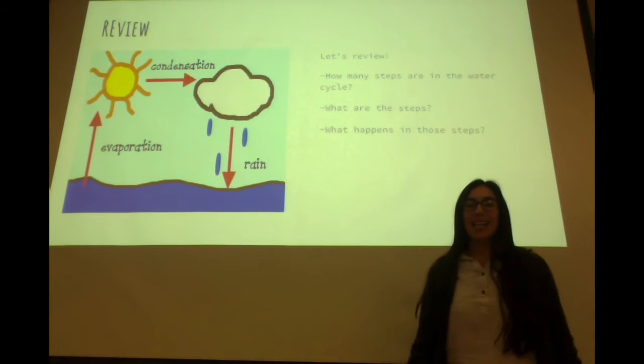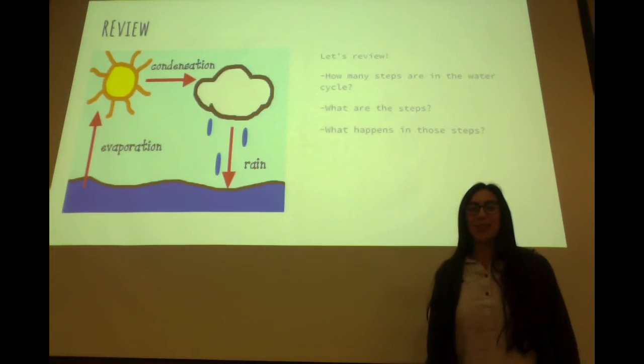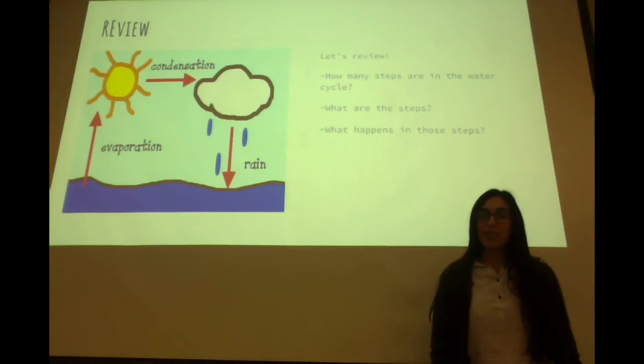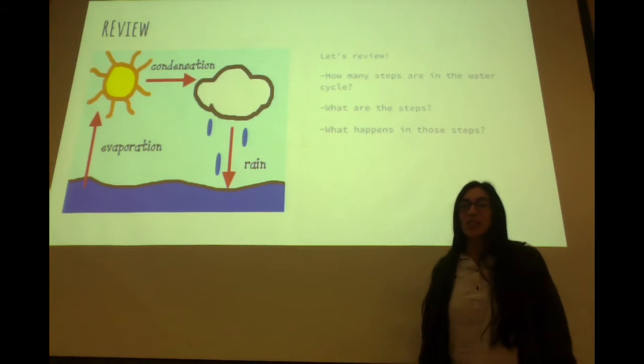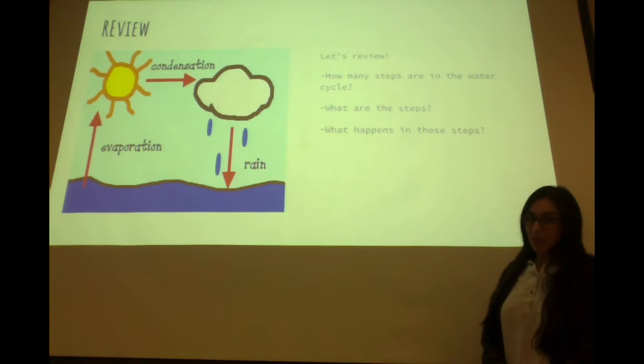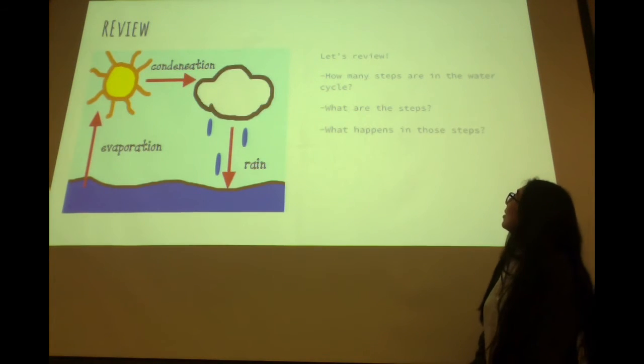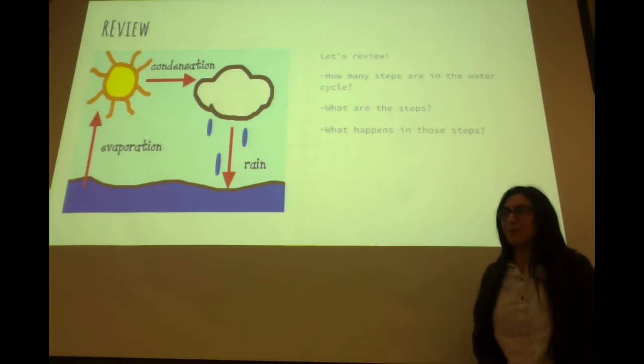Okay, thank you class for doing a good job on your water cycle graphic organizer. They look really good. And before we go today, we're going to review what we learned. So we're going to answer a couple of questions. So can someone tell me how many steps are in the water cycle? There's 3. Good job. Correct.